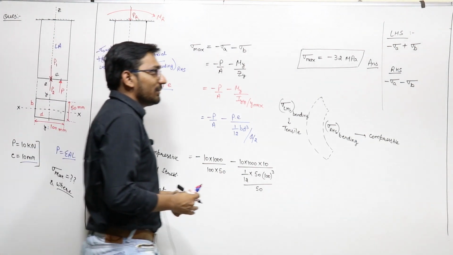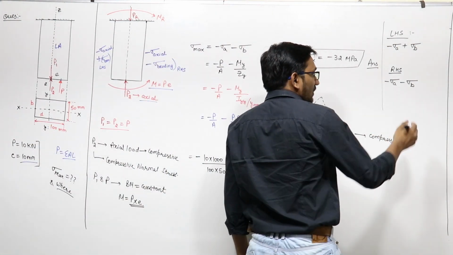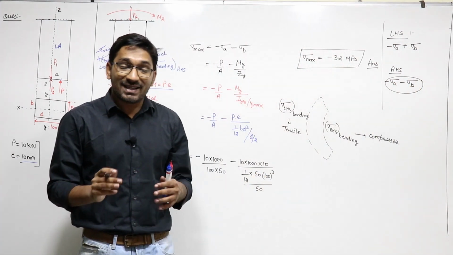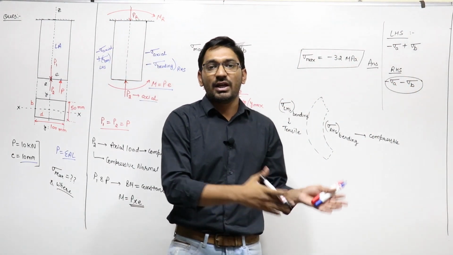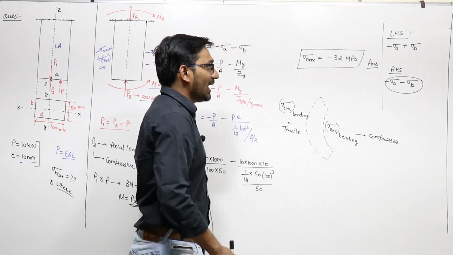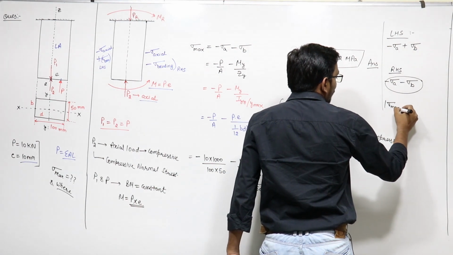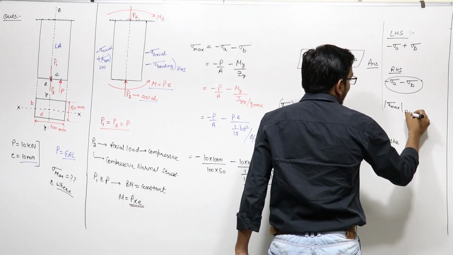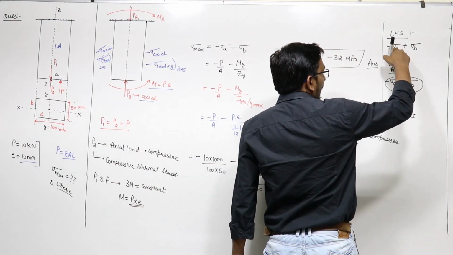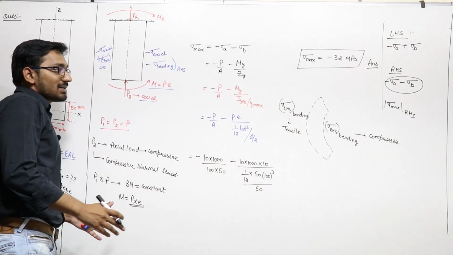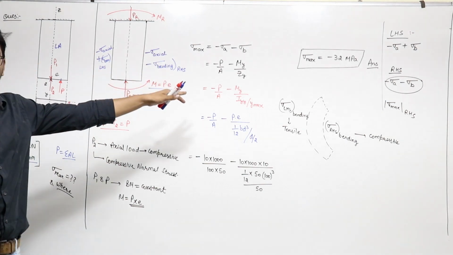The maximum stress is on the right hand side fiber. We have to find the maximum stress. It may be compressive, it may be tensile. Because it is minus minus on the right and minus plus on the left, the net magnitude will be maximum for the right hand side fiber.